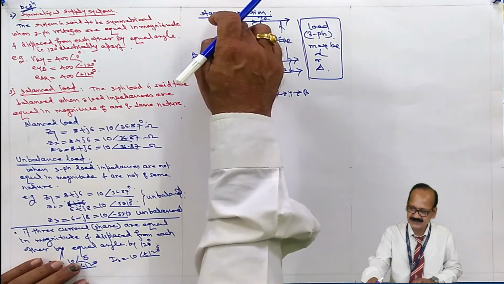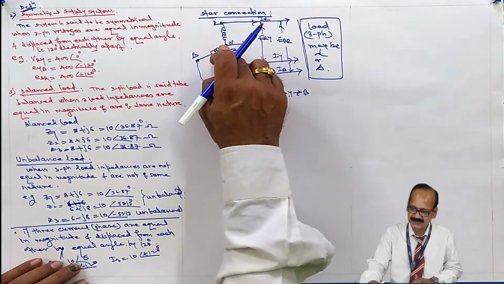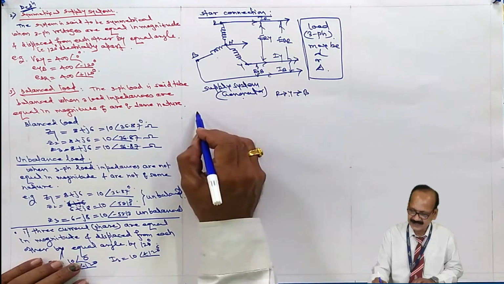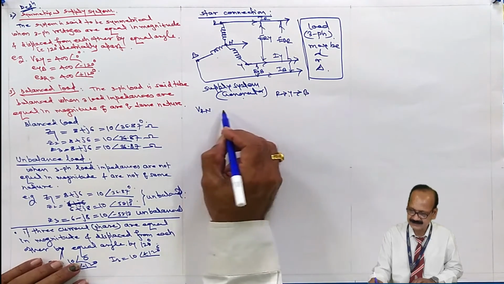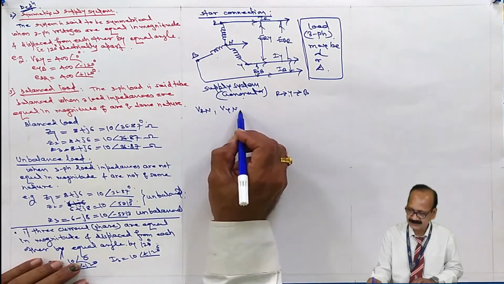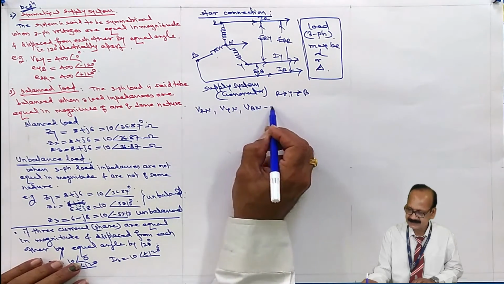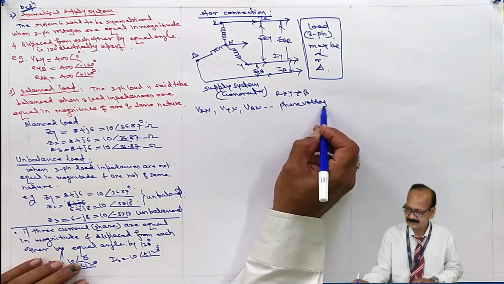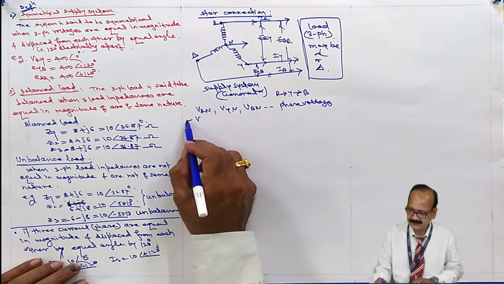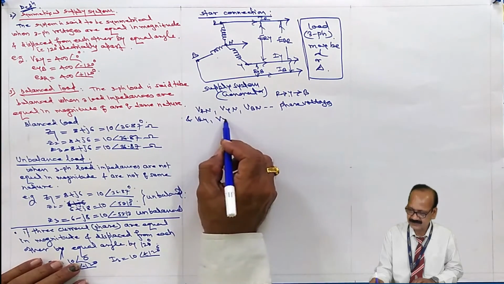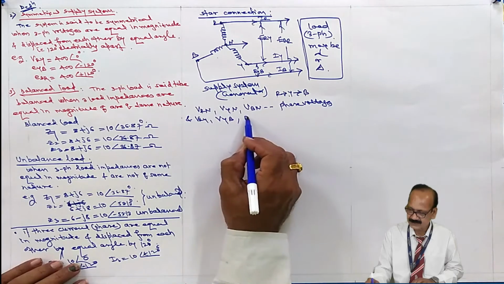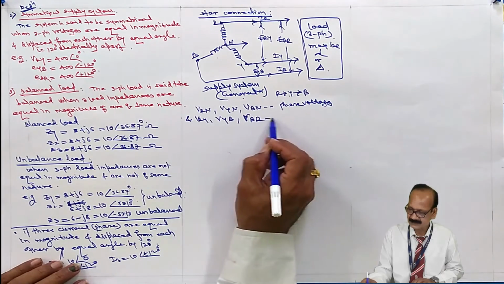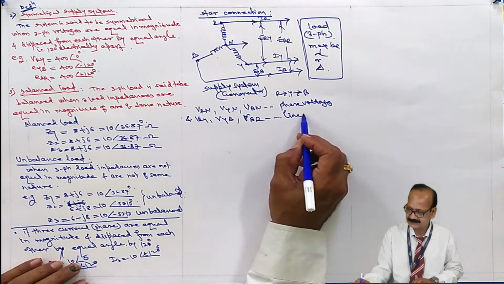And the voltage between any line and neutral, say phi RN, phi YN, phi BN, these are the phase voltages. And phi RY, phi YB, phi BR are the line voltages.